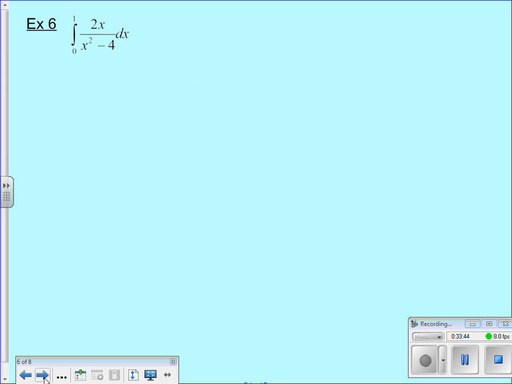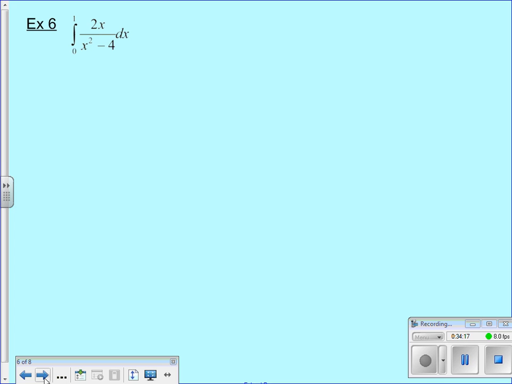Okay, bounds. This is where things can get interesting. There are 2 options when you're doing bounds. You can either ignore the bounds, do exactly what we did, and then put it back in terms of x, and use those bounds to evaluate just as you did before, but you use a u sub to figure out the antiderivative.